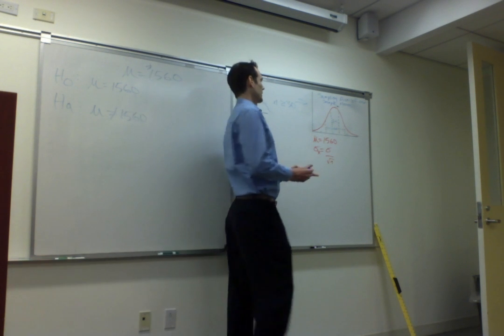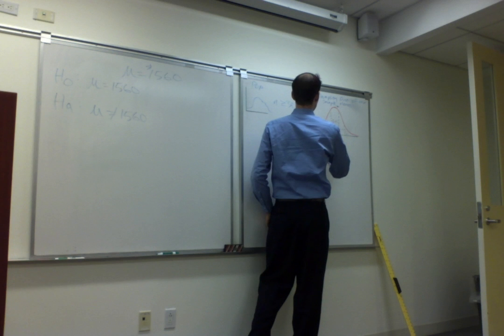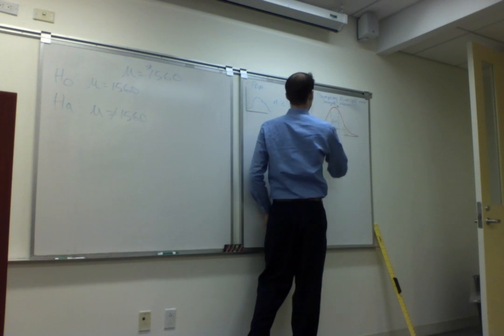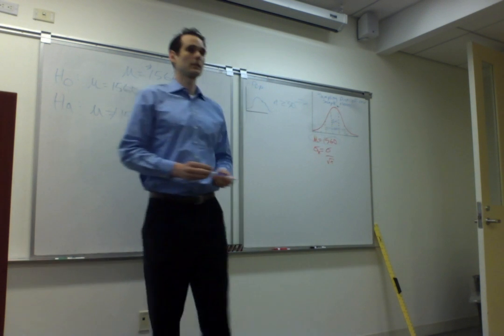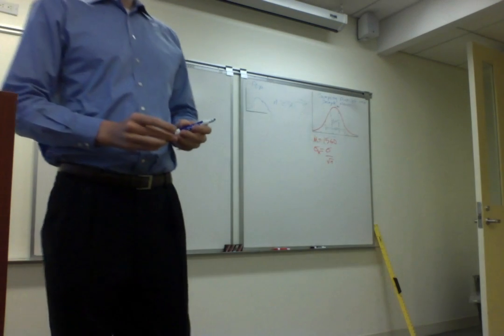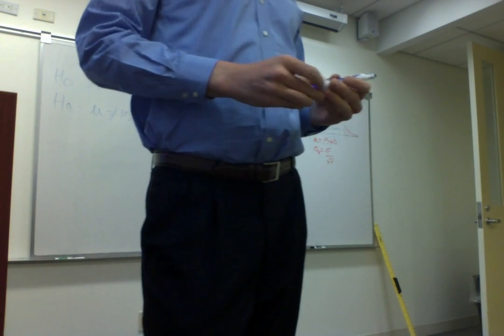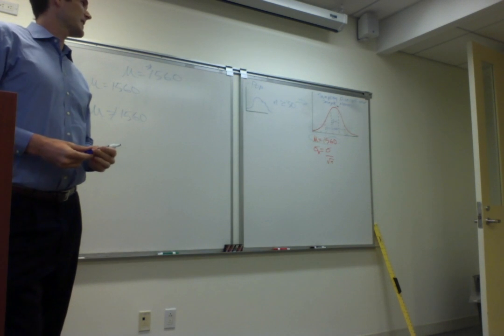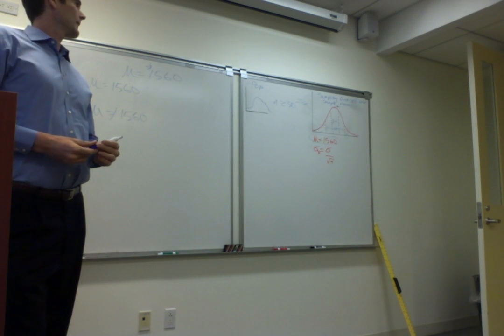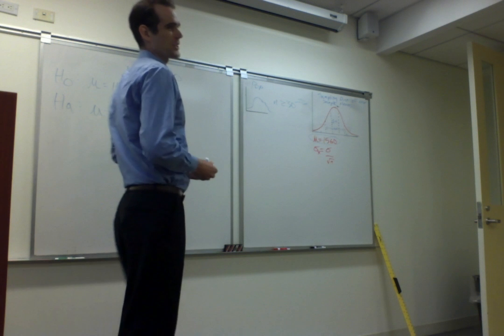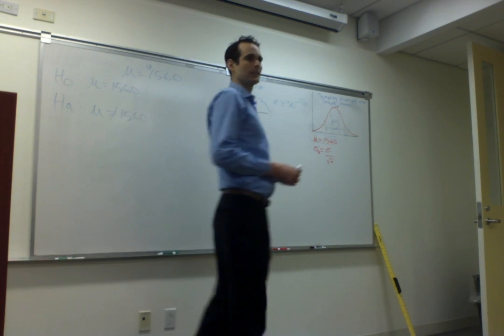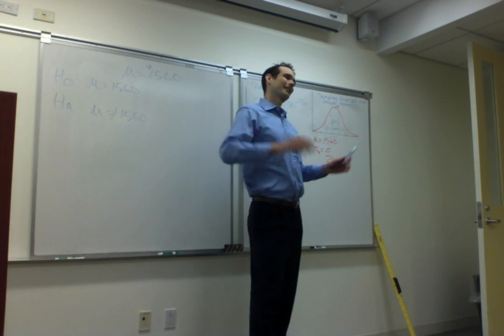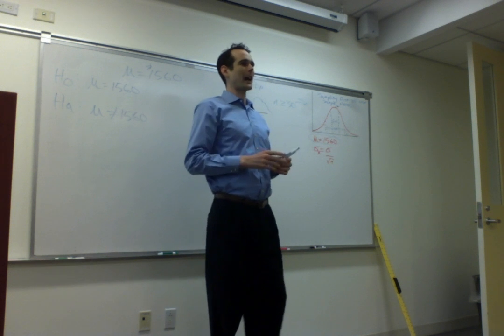Option two is that this mean is incorrect. So we need to decide how extreme our sample mean needs to be before we say there's such a low probability of that happening.